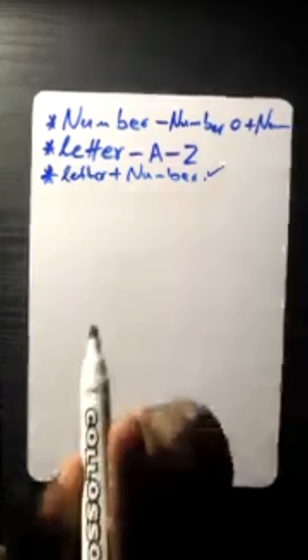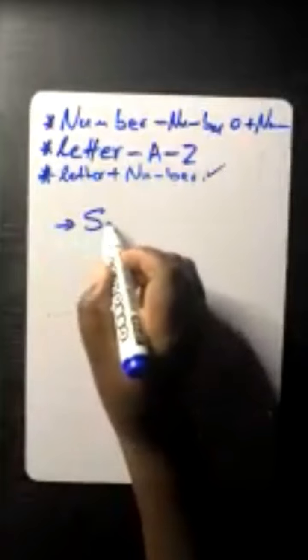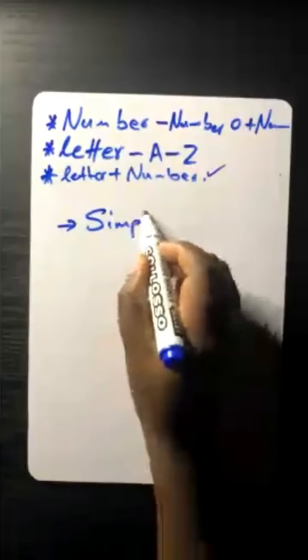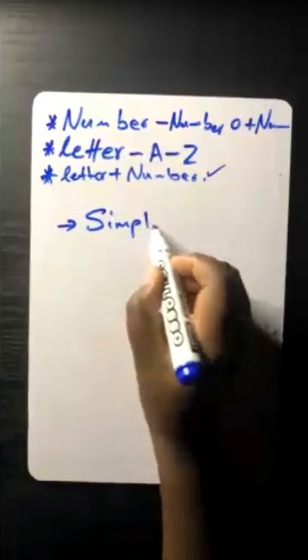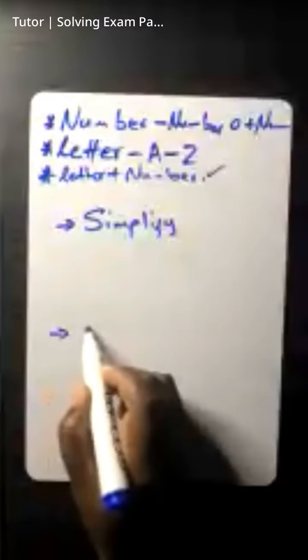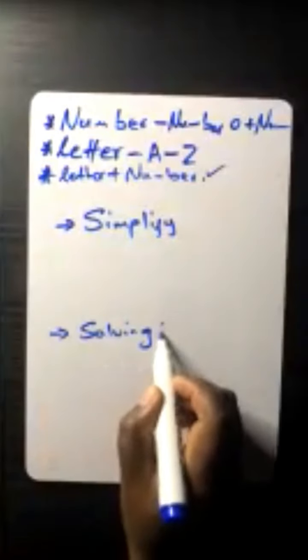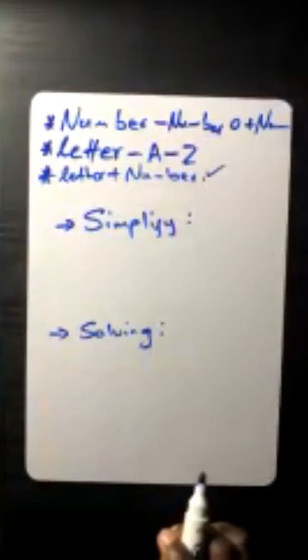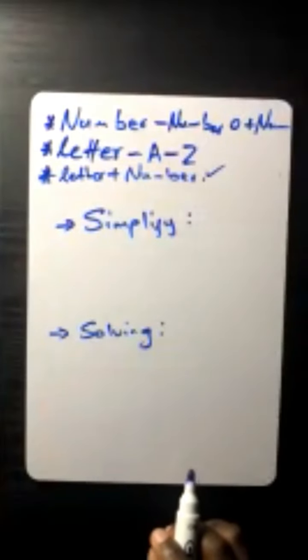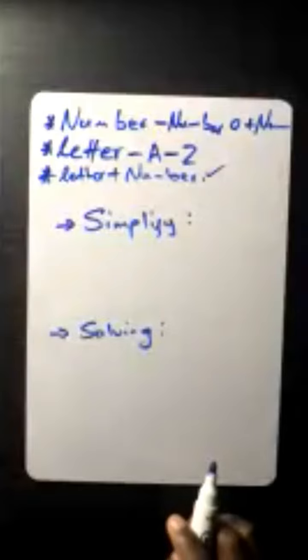In mathematics, Shreyas, we normally do two main things, which are simplifying and solving. These are the two main things that we do in mathematics.